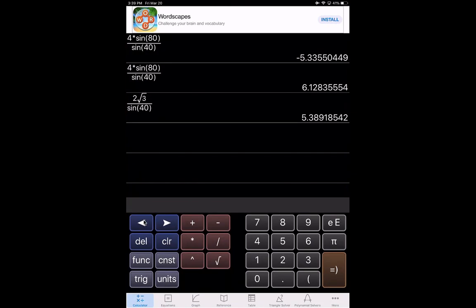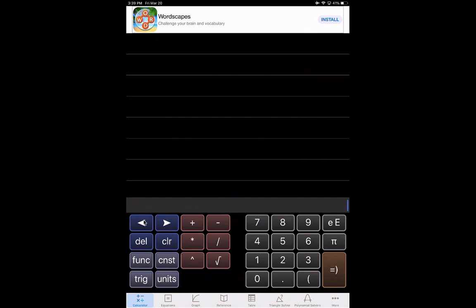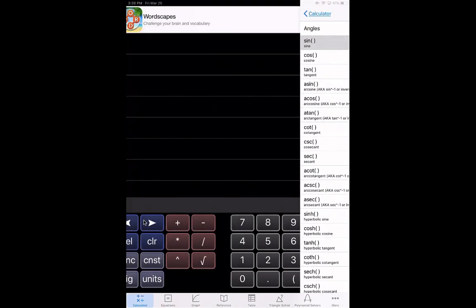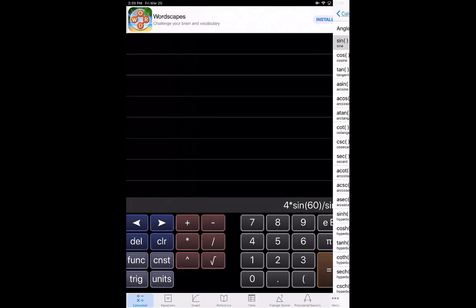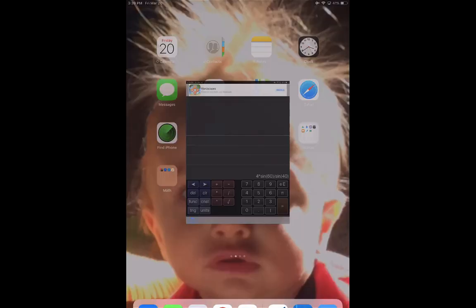Let's go ahead and do that. We have 4 times sine of 60. Make sure to close the parentheses before we do the division. Divided by the sine of 40. Let me double check.